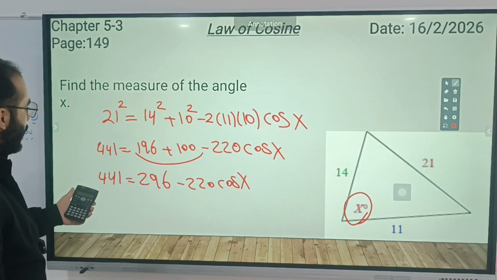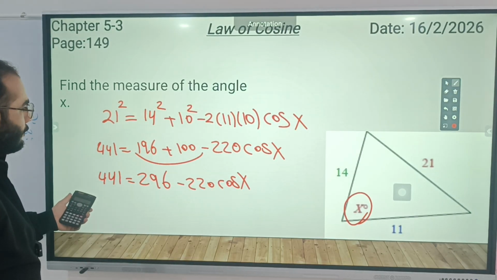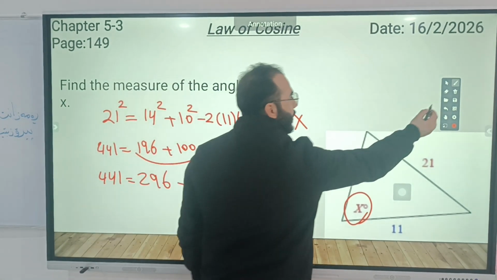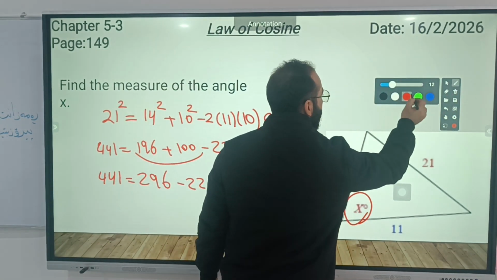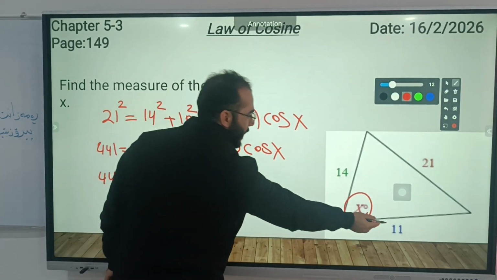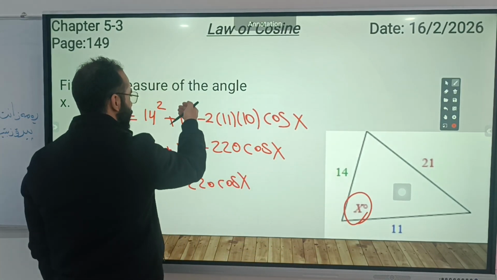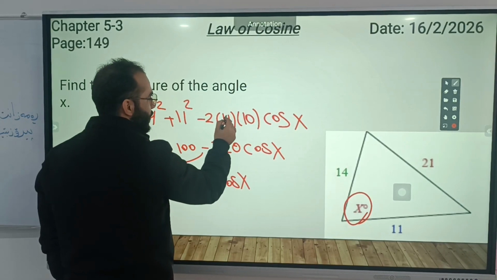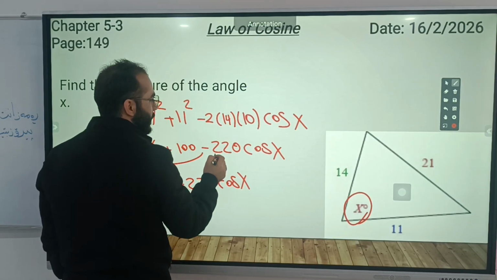Sorry, I knew that there is a mistake here. Be careful, this one is not 10, it's 11. I just want you to change this one to 11 squared, and this one to 14.